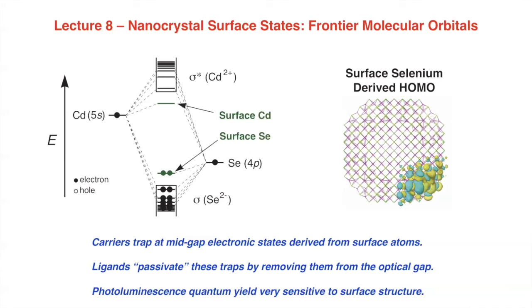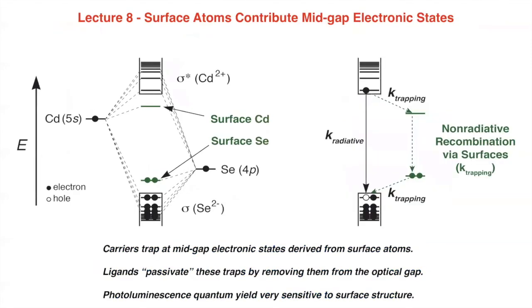Okay, so there are all of these hidden electronic states in these materials that really dominate properties, including the photoluminescence quantum yield. So if you have a photoexcited electron in one of these crystals, it ends up having a choice whether it wants to fall back down and produce light by luminescence, or it can do something called trapping.